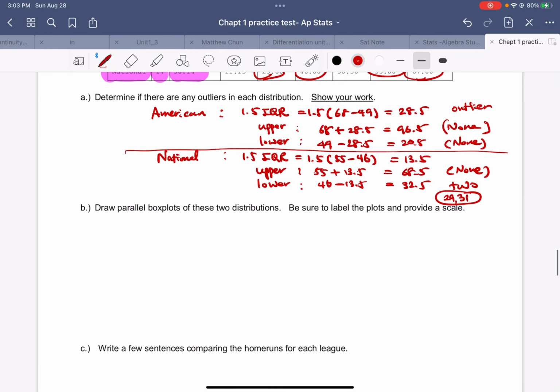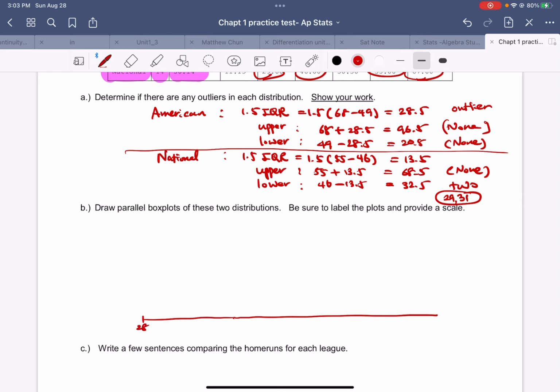Now B, draw parallel box plots of this distribution, and be sure to label the plots and provide the scale. For this one, you need to draw two box plots. In order to do that, you need to draw the scale first. So let's say you draw the scale here. It will take time.